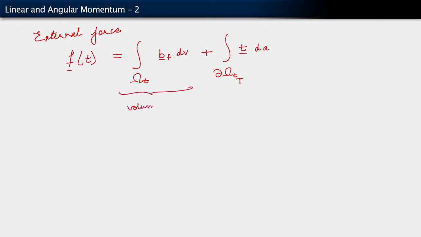So the first term is volume, or what are sometimes called volumetric body forces, and the second represents surface tractions.